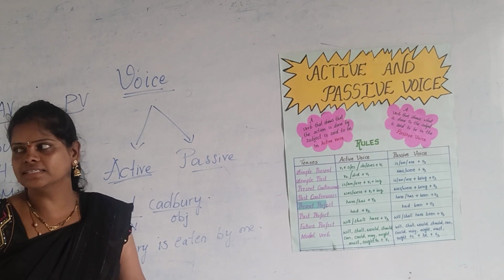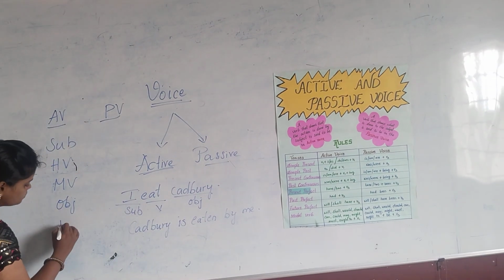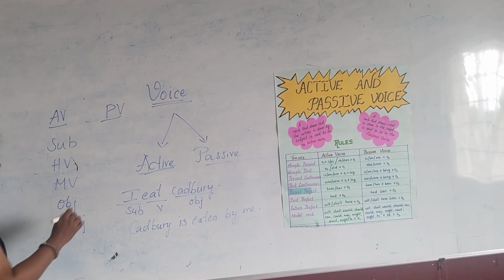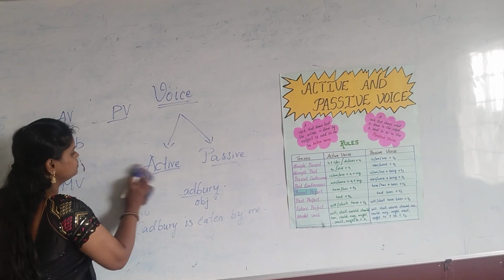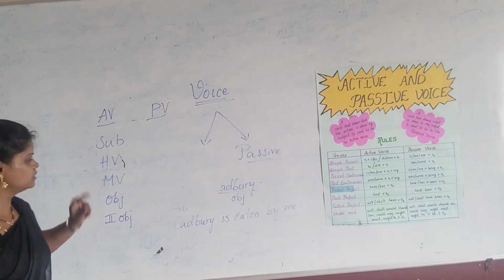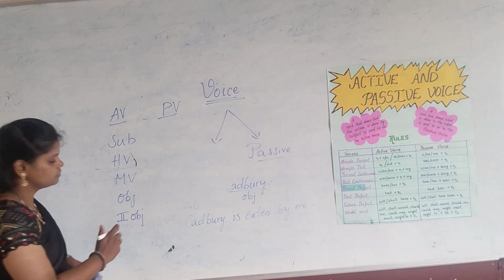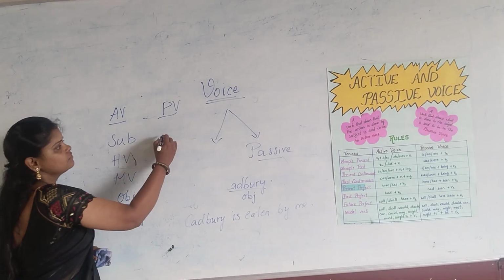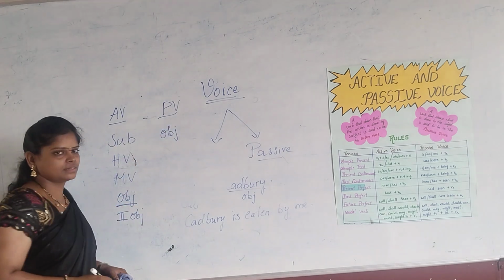In some sentences, there may be a second object also. So, to change from active voice to passive voice, first, instead of writing the subject, we should use the object.